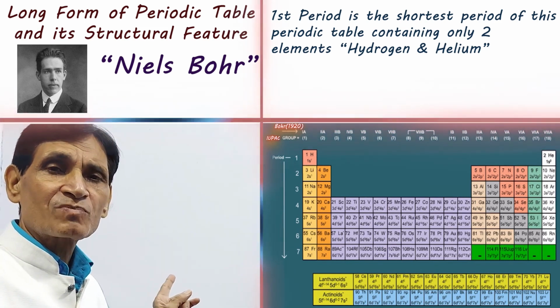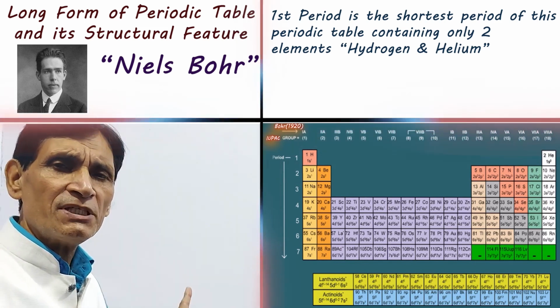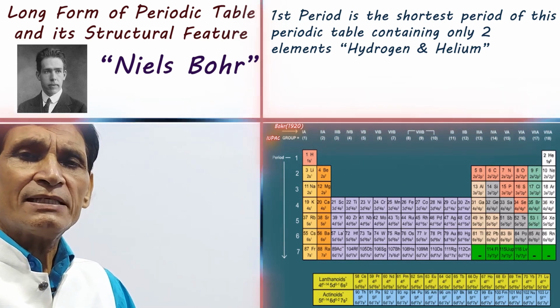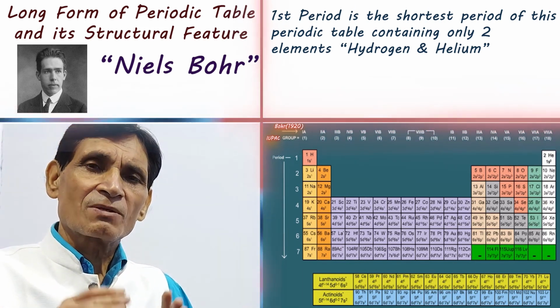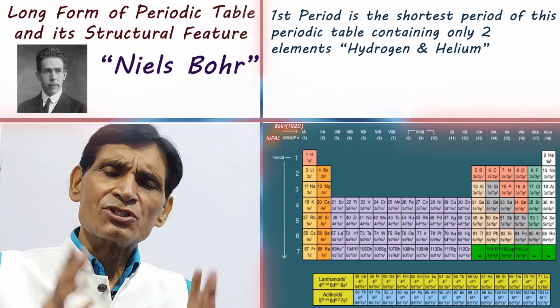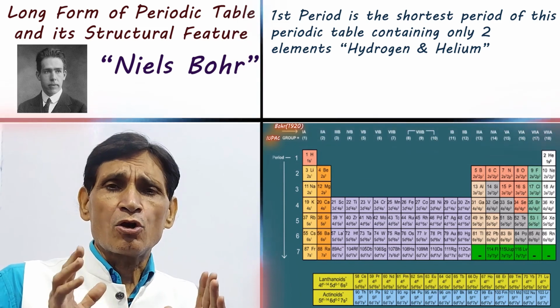The fourth and fifth periods are both long periods, with 18 elements each. And in the sixth period there are 32 elements. This is the longest period.